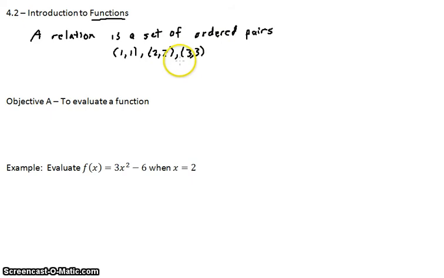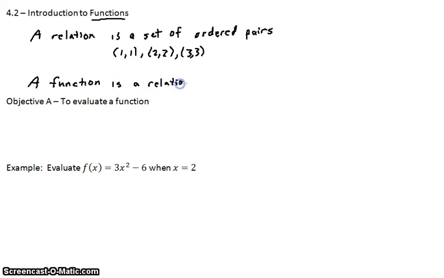And a more specific type of relation can be something more defined in order for it to be a function. Okay? And what a function is, is a more defined or more specific relation.